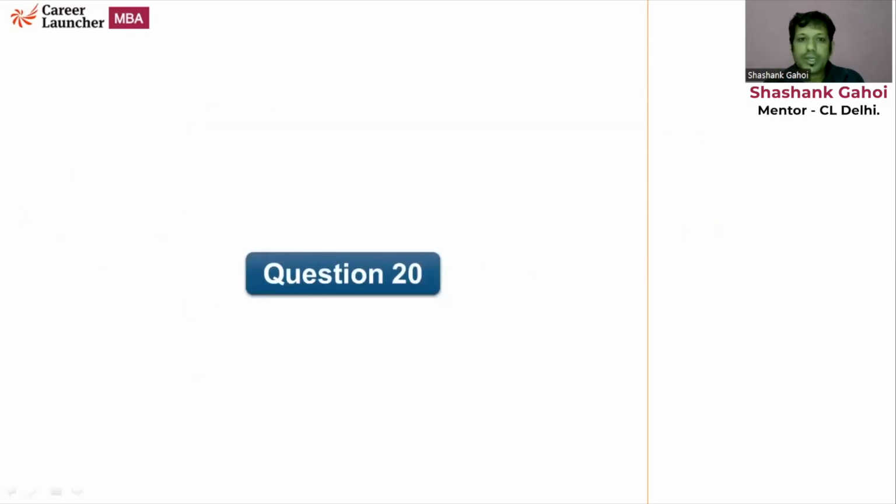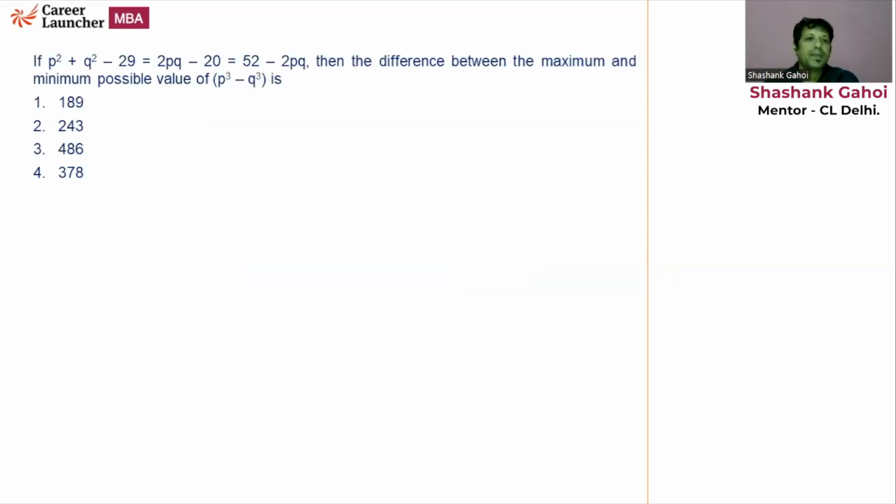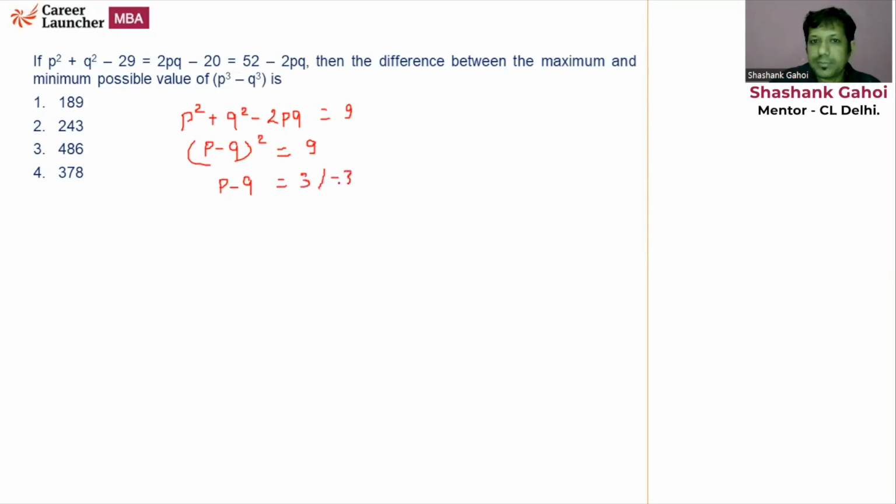Let's start question number 20. Okay. So this says p square plus q square minus 2pq is equal to 9. This is the first one. So I can say p minus q whole square is equal to 9. It means p minus q is going to be either 3 or minus 3.